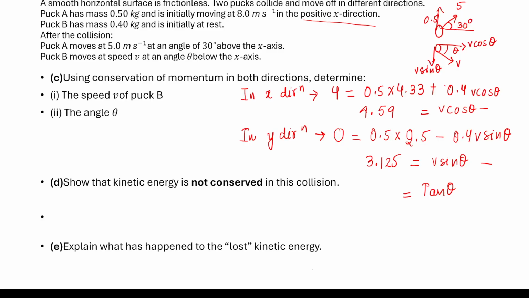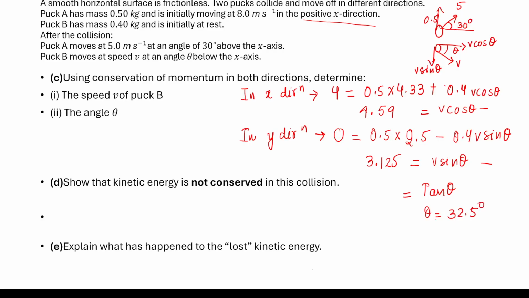And then to calculate the angle, this is giving my angle as 32.5 degrees. So theta is 32.5 degrees.